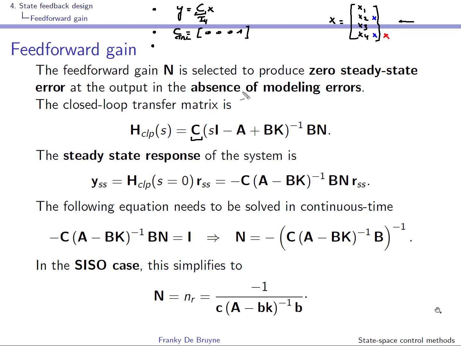But in any case, when we construct the observer, we'll have a C, and we'll call it C observer, that will isolate the states that are measured. And in this case, we'll isolate the second one and the fourth one. Okay, so you see that depending on the situation, the matrix C is very different.